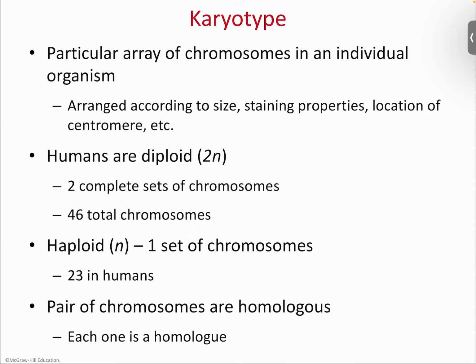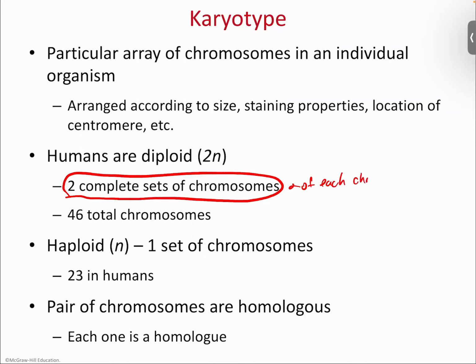So a diploid state is a situation where you have two of each chromosome. Di to ploidy, which means chromosome. Typically we abbreviate it as 2N, where N is equal to the number of chromosomes.